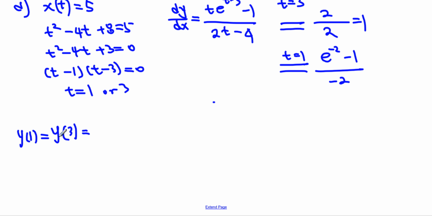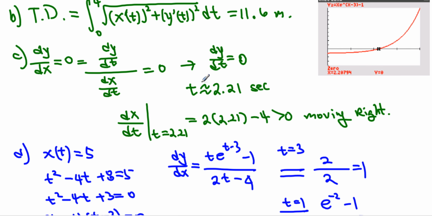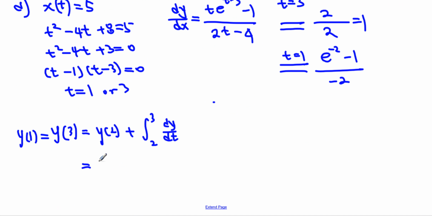So y sub 3 is equal to y sub 2 plus the change between 2 and 3 for dy/dt. Here y sub 2, as was given, was equal to 3 plus 1 over e. And then I just have to calculate this portion.